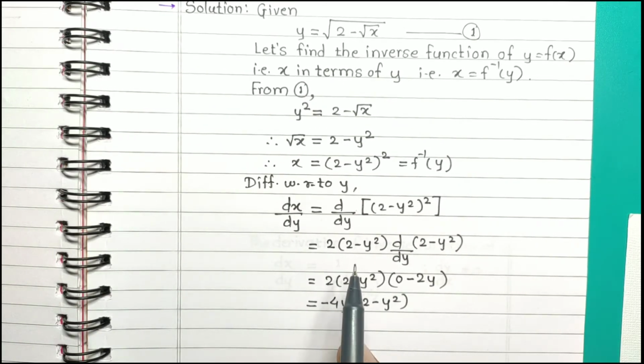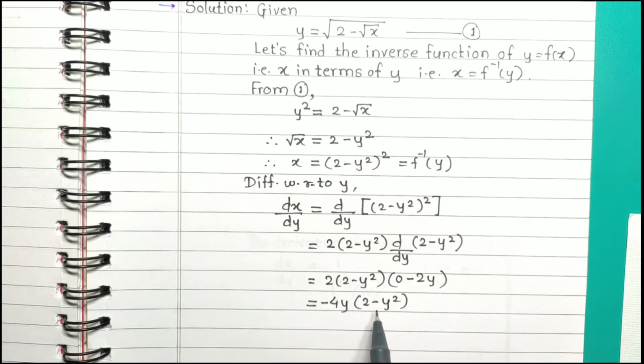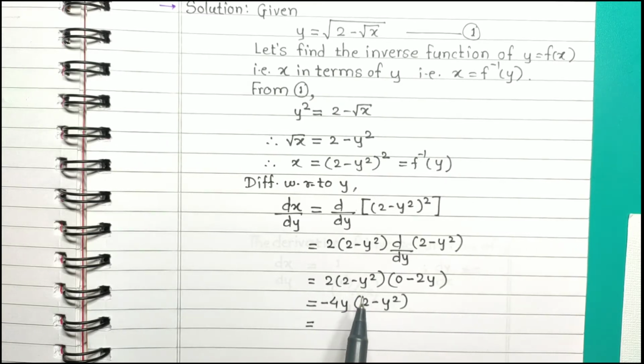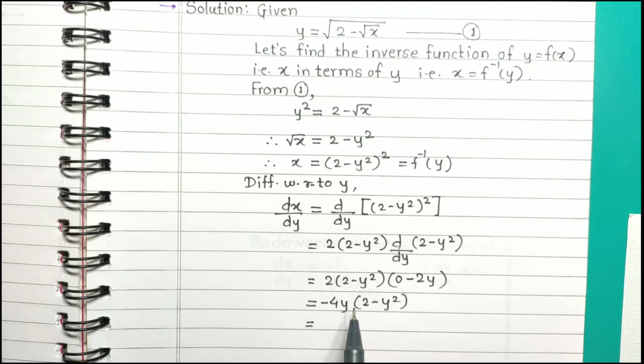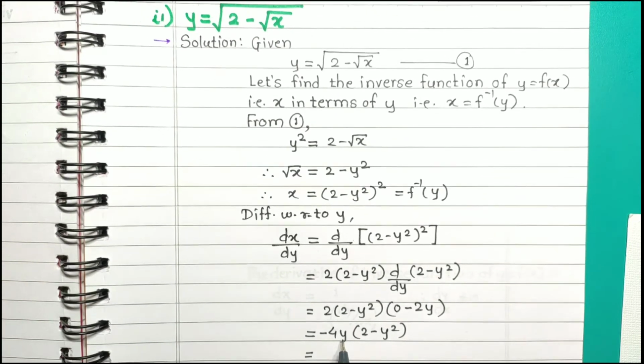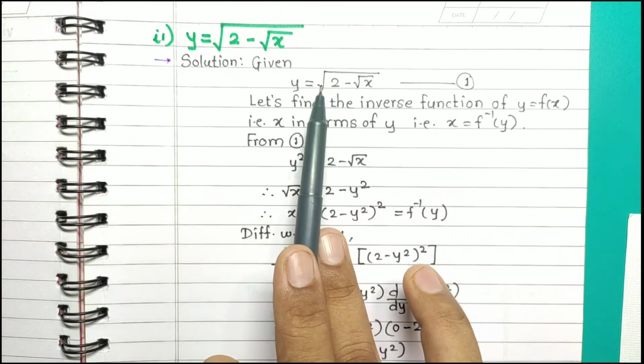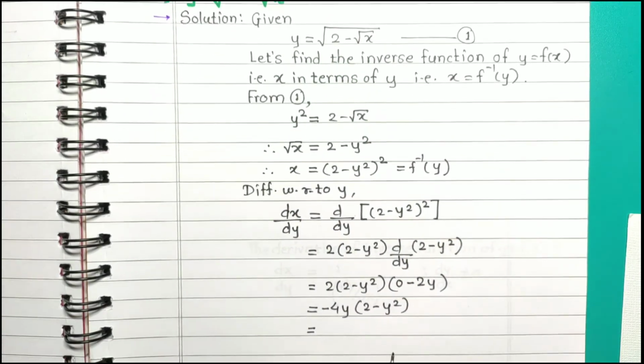Now we have to find out dy by dx using this, so it should be in terms of x. So let's convert this y to x, replace this y with x. So we have y is equal to, for this y we have equation number 1, root of 2 minus root x.